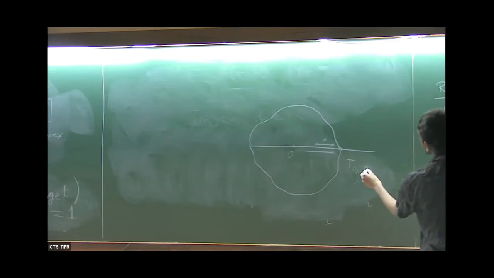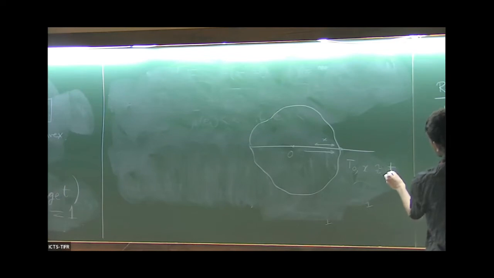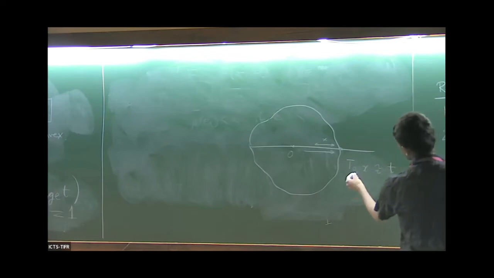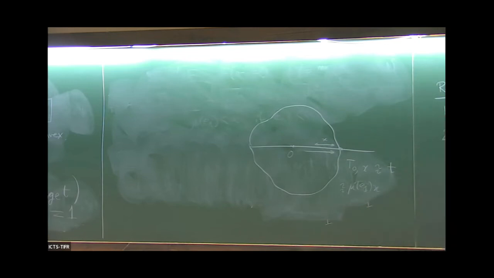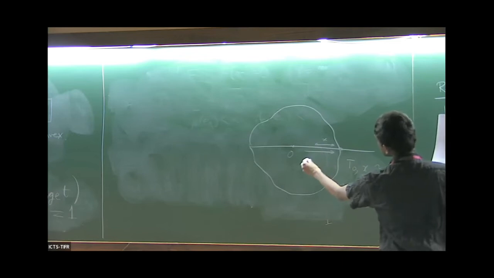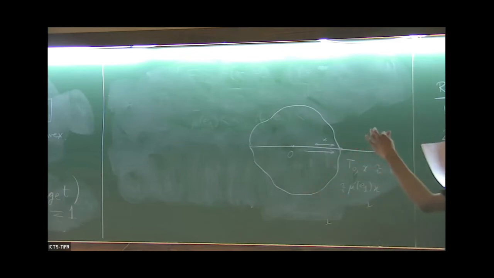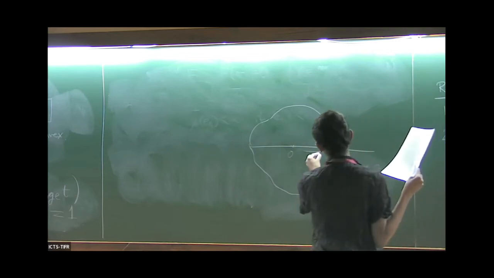So t(0, x) should be approximately equal to t, which means mu(E1) times x is approximately t. So x should be t over mu(E1).